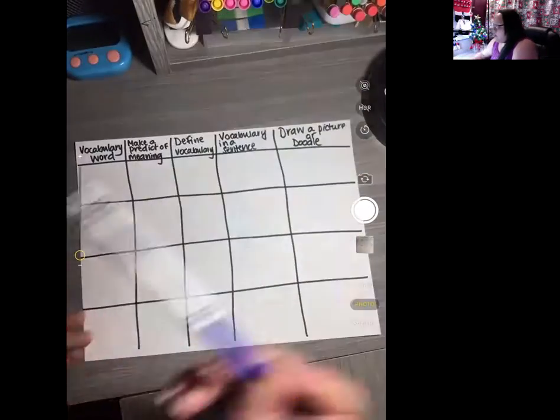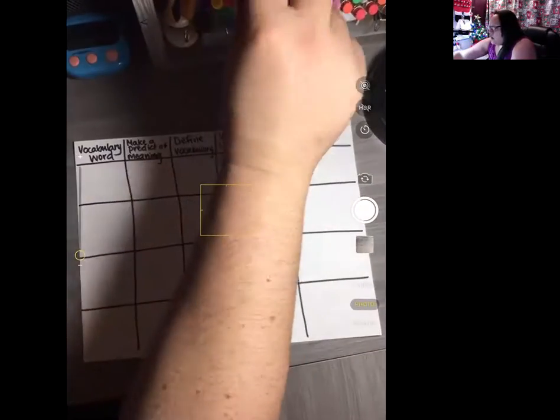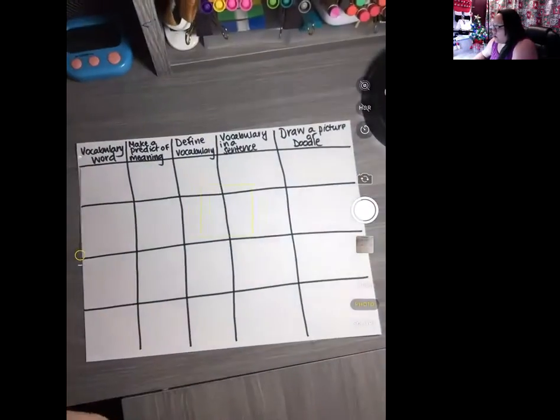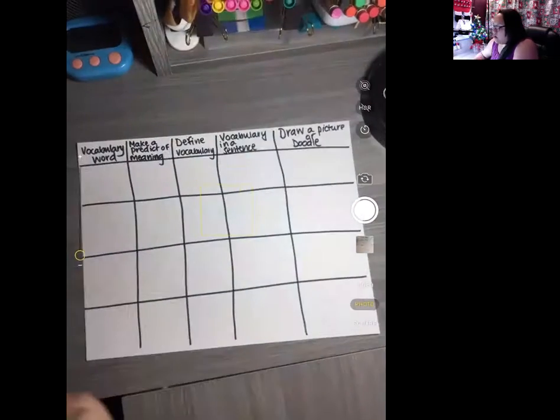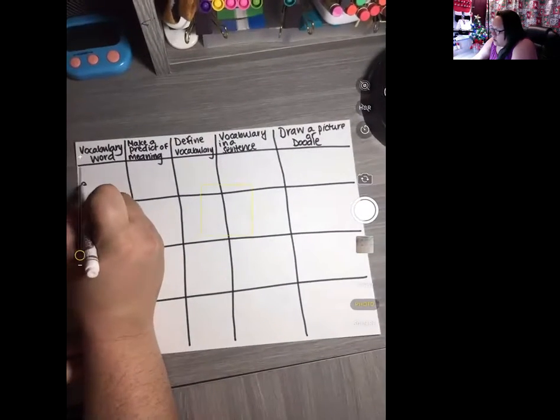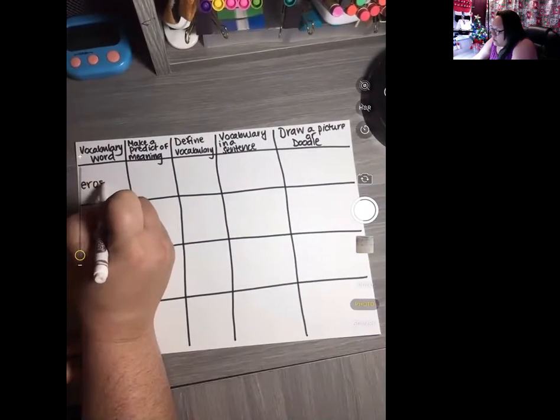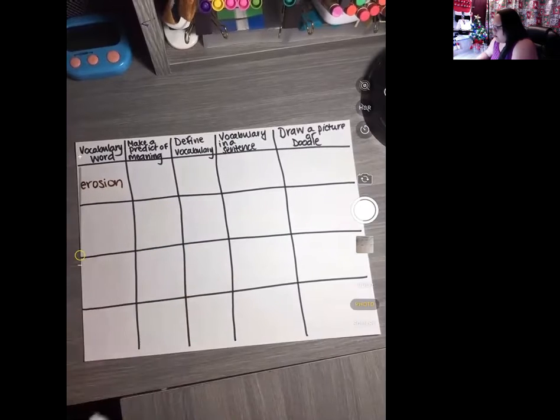So our vocabulary word is erosion. I'm going to make it brown. Erosion. Now let's make a prediction.